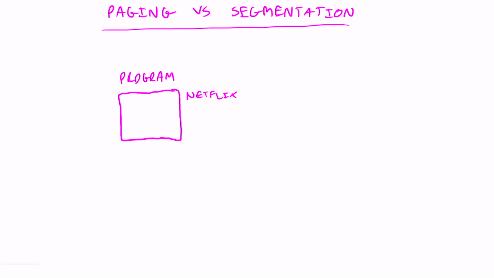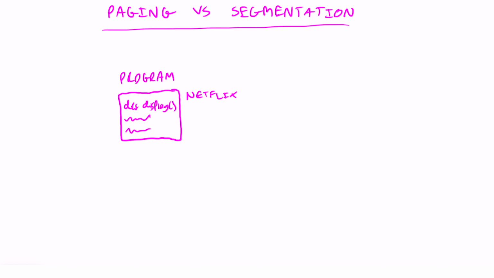And in the Netflix program is the Netflix code. So this could be a function for display, and this is going to be the code to display your video to you. And there are other functionalities and data in here.